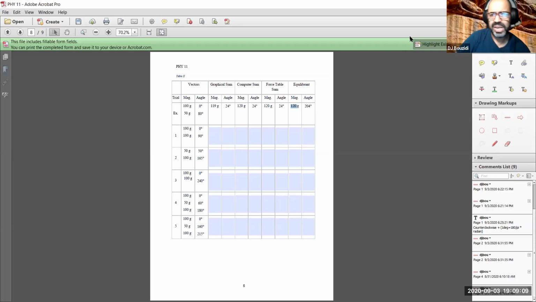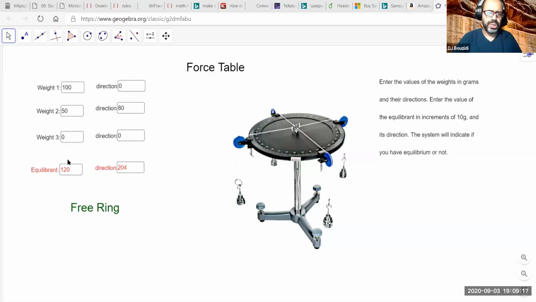So let me stop sharing the screen and go back to my other screen. So the equilibrium, not the resultant. The resultant is here somewhere. Okay, that's where the resultant of the 2 forces is. This one has to be opposite to it by 180 degrees.